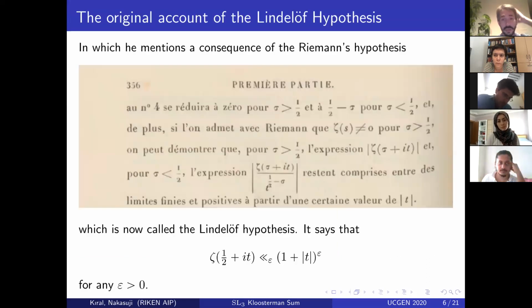This is the part where he talks about the Riemann hypothesis. The idea is that if you do assume the Riemann hypothesis, then the Riemann zeta function grows this much. That is the conclusion from here.